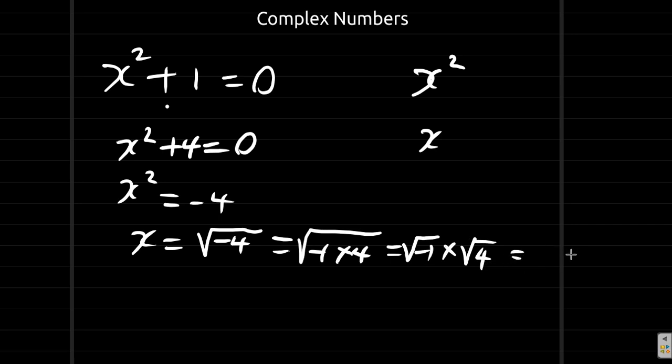And this will give you, the square root of 4 is 2. We call this i2. But then, usually you put the letter after the number. So you could call this 2i and say that we have imaginary roots. Alright?